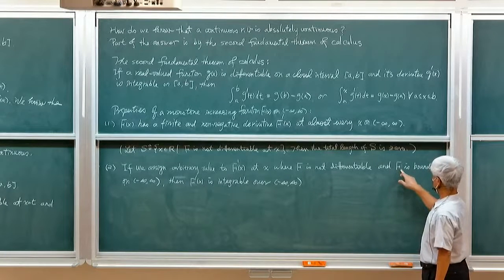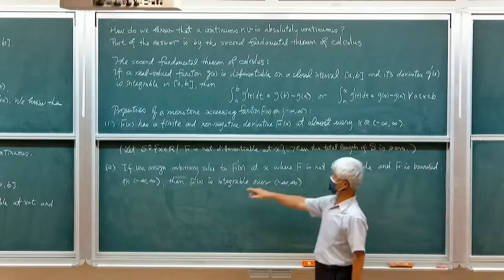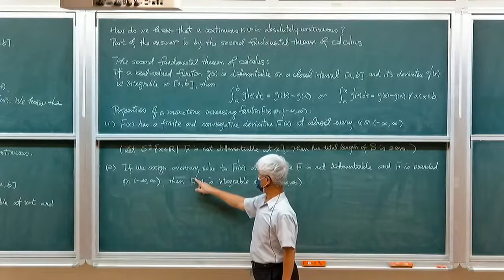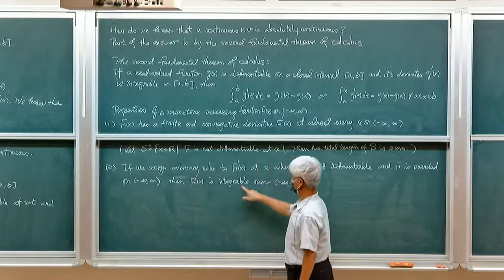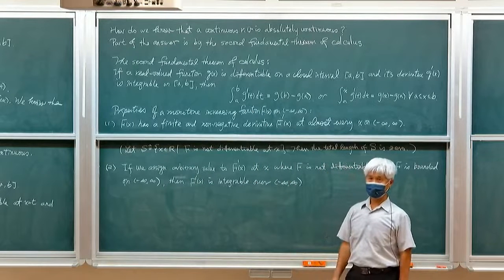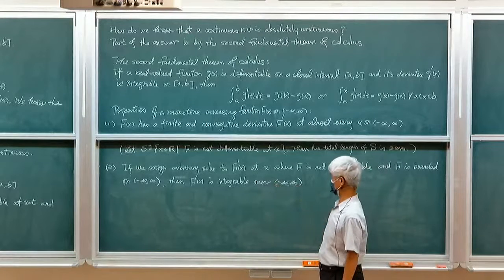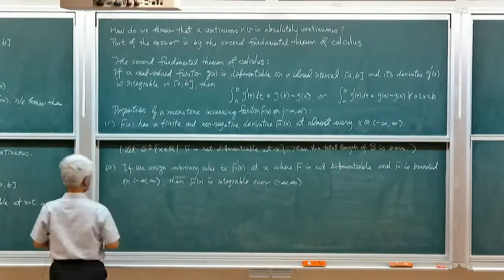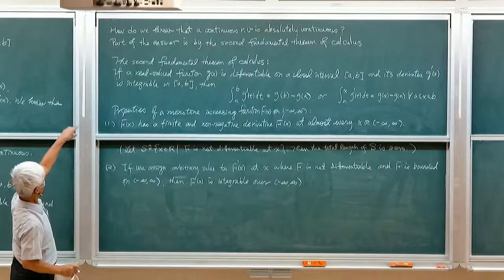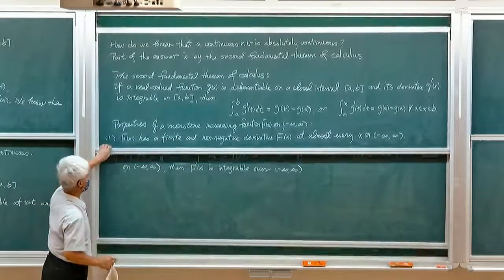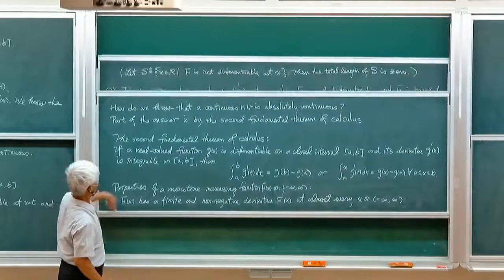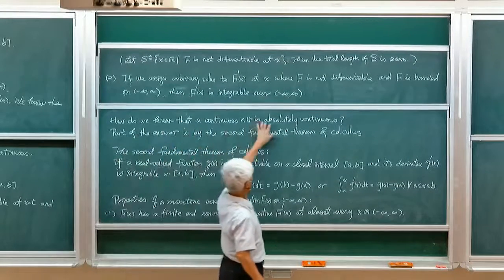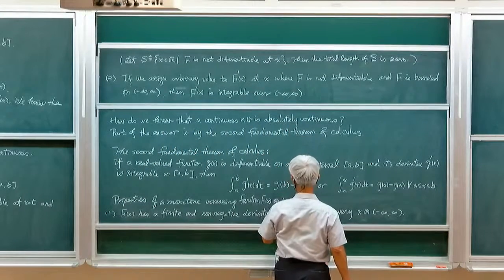And if f is bounded, then the derivative is integrable. Okay, so now we will answer our question here. How do we know that a continuous random variable is absolutely continuous?